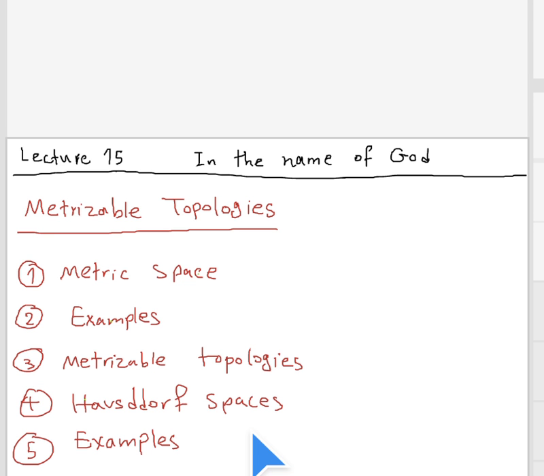Which metric space? Example, metrizable topology. Okay. Now I give Hausdorff spaces. Hausdorff.